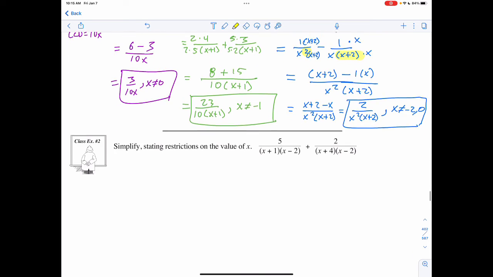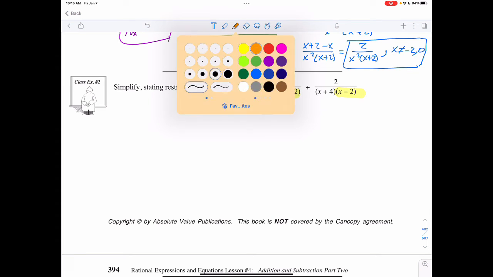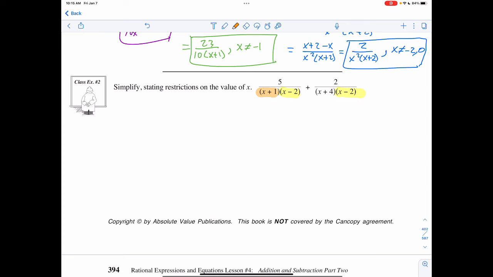When I get to example 2, I'm going to look and say, well, is there anything that's the same? And there is. They both have an x minus 2. So what is different? Well, this one has an x plus 1 that's going to be needed on the other side.